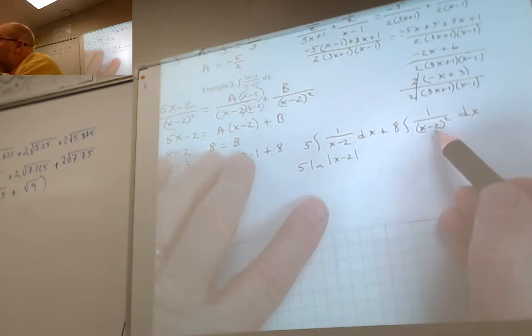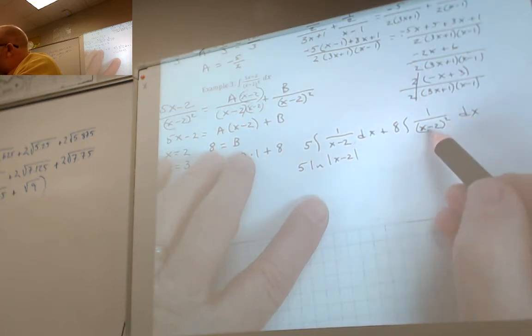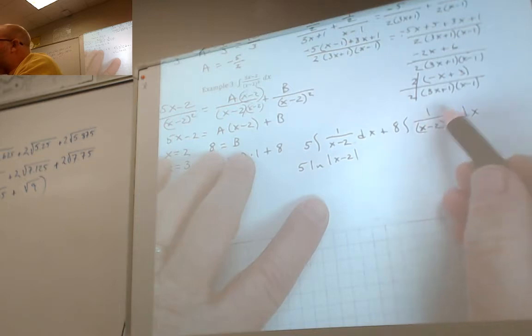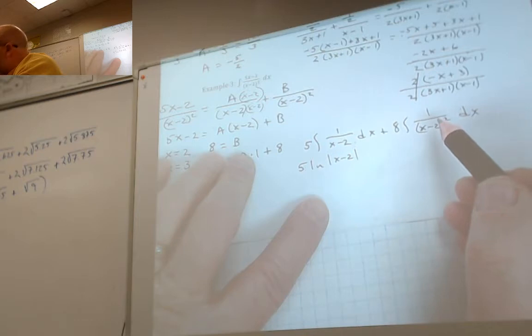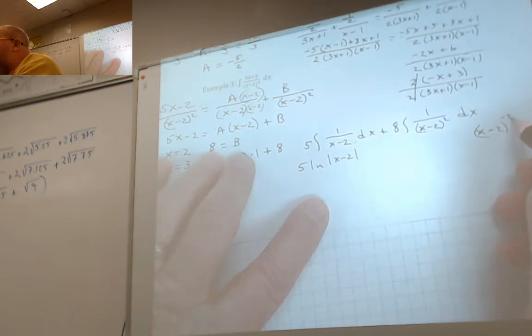I'm not going to use natural log here, am I? This is really x minus 2 to the 2 power, correct? Right? And the derivative of x minus 2 is 1, so I don't have to worry about that, am I? I can simply reverse the power rule. In other words, I am taking the antiderivative of this, right? I'm going to add 1 to that, correct? What am I going to get? A negative 1, right?